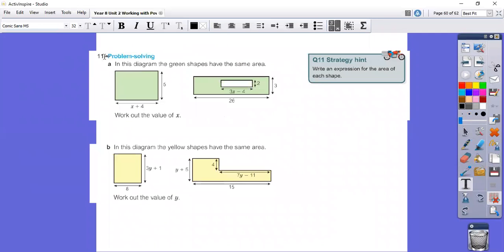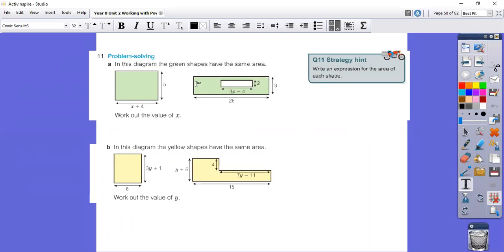Okay, so question 11. Problem solving. So in this diagram, the green shapes have the same area. So it's similar to the questions we looked at before. So remember, area is the length times the width.